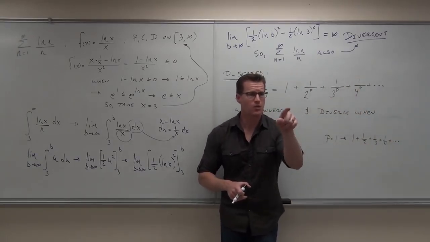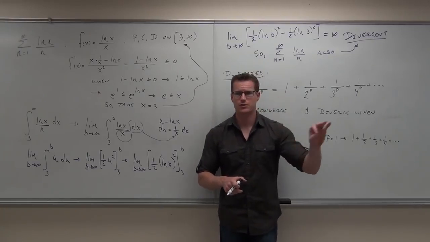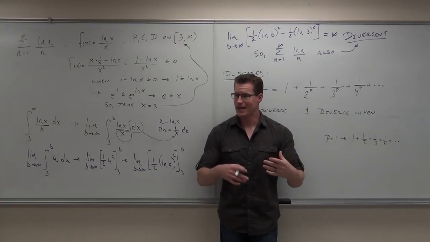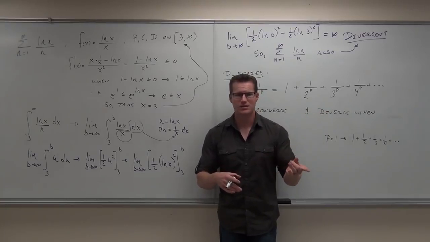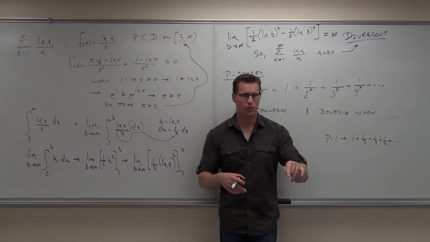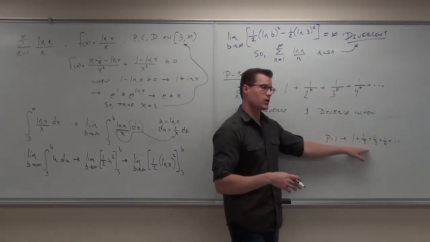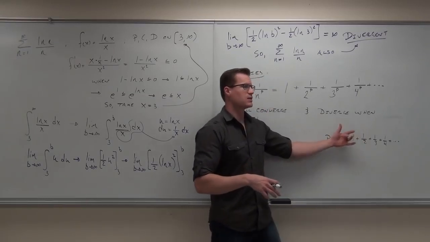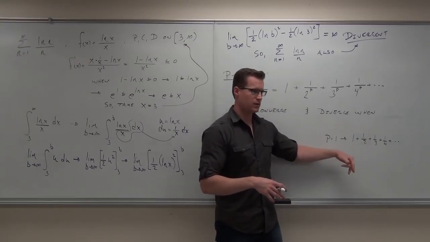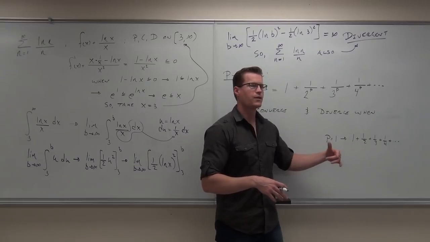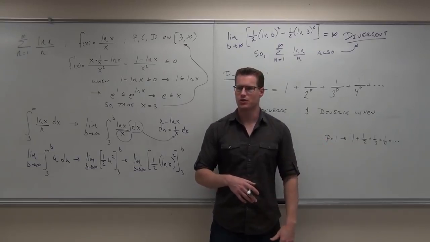Very good. Is the harmonic series convergent or divergent? Divergent. Very good. So what we know is that it's not only negatives, but it's actually anything less than or including 1. Does that make sense to you? This is the harmonic series. So when p equals 1, it's divergent. If p is less than 1, well, the divergence test will actually show that to you.